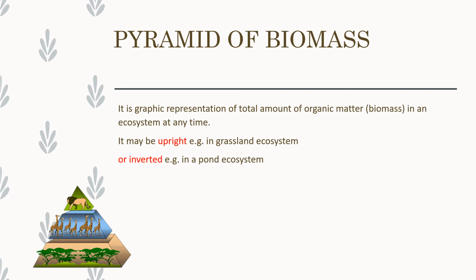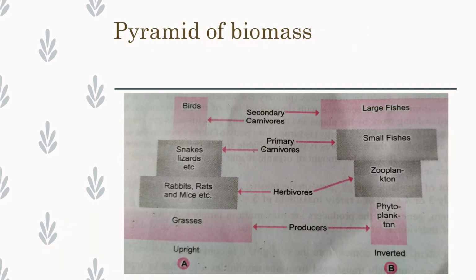Now we will see what is going on in the inverted pyramid of biomass. This we can see in the pond ecosystem, in water. So what happens in the water?